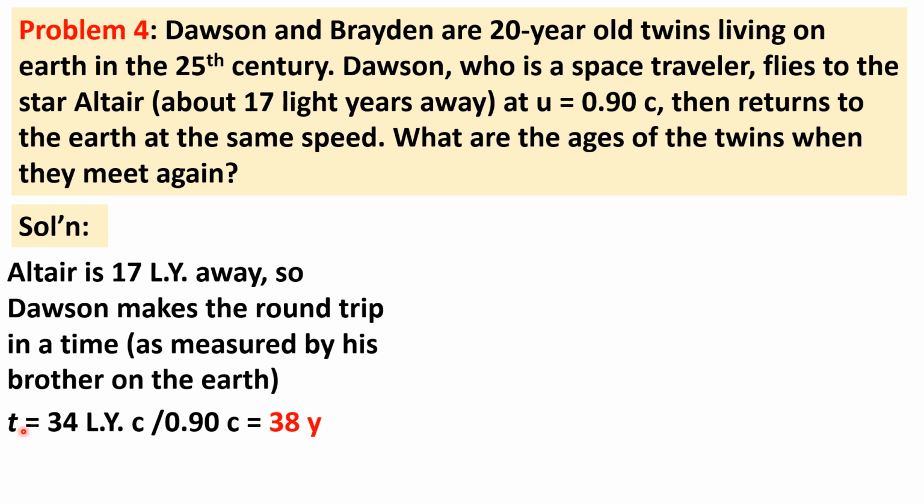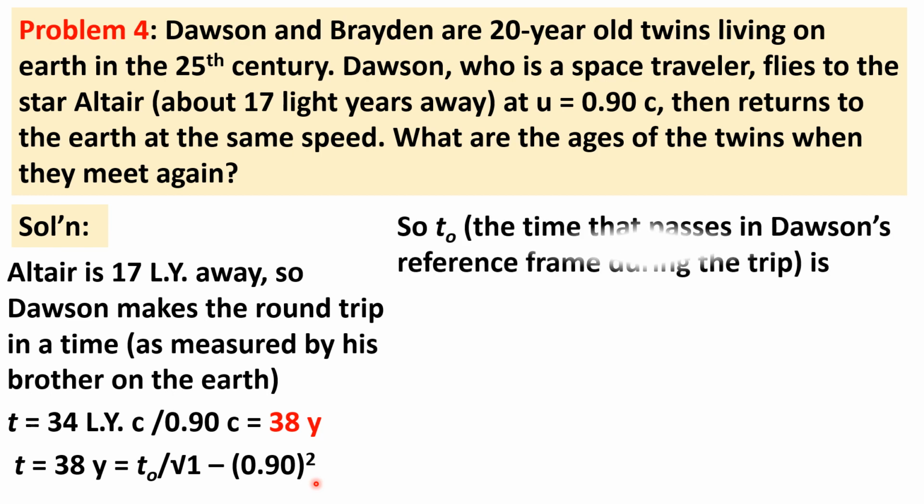This is supposed to be the delta t, or the time dilated, and that is related to the delta t naught, because 38 years, which is the delta t, is just equal to the value of delta t naught divided by the square root of 1 minus 0.90 squared.